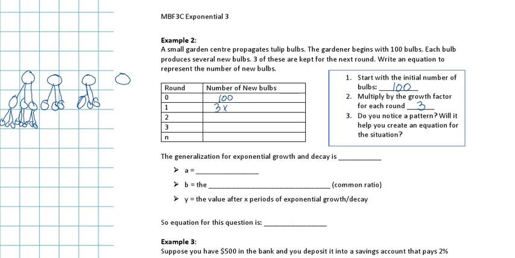Now I'm going to have to multiply this by 3 again, right? Because my next round, I'm going to produce 3 more for each. Do you guys understand that? So I'm going to take this, and I'm going to multiply it by 3. So this is my second round.